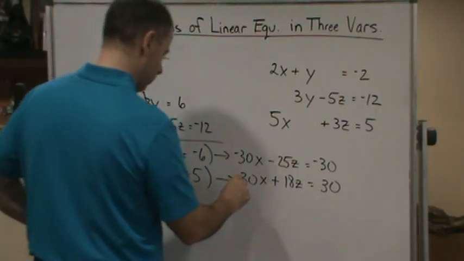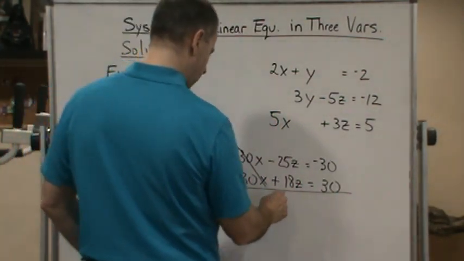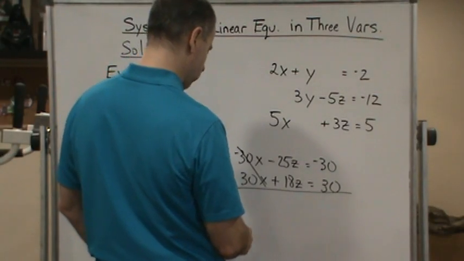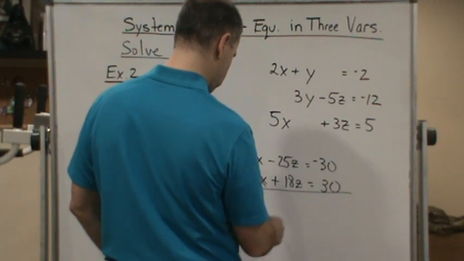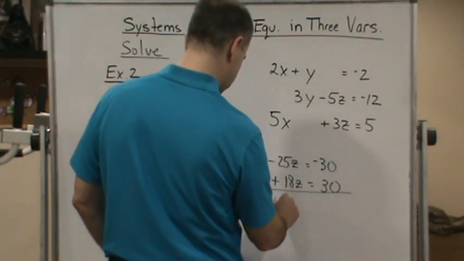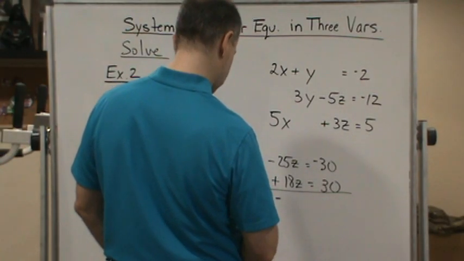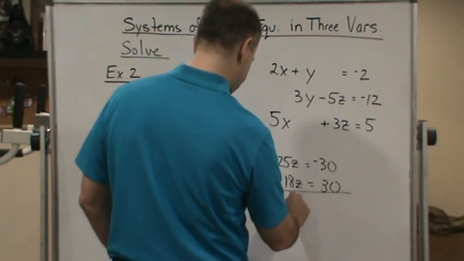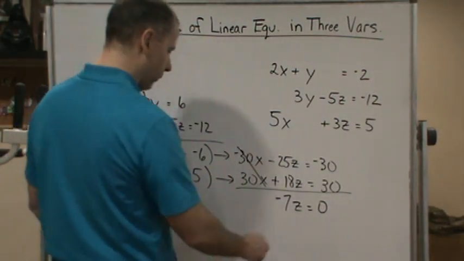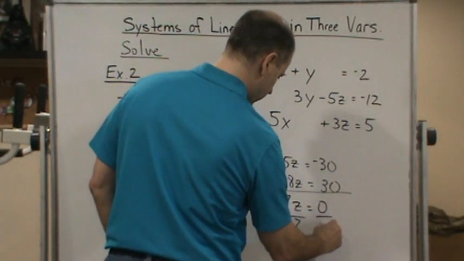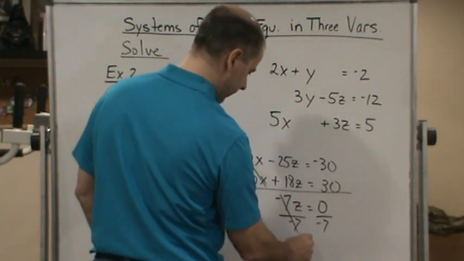And now, when we add down, these go away. This will give us what? Negative 7. No, hold on a second. Yeah, negative 7. So negative 7z equals 0. Well, if we divide both sides by negative 7, well, all we get is what? Well, this is going to give us 1, and then what do we get?